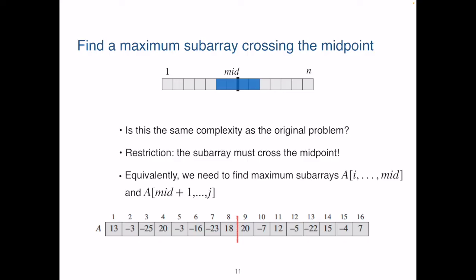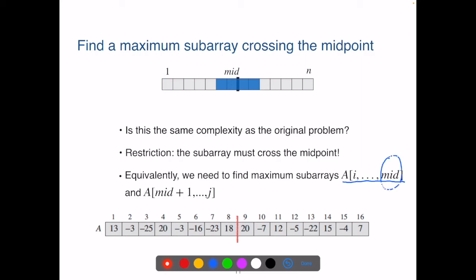So this maximum subarray must be comprised of 2 subarrays, where the first portion is a maximum subarray that ends with element A[middle], and the second portion is another maximum subarray that starts with A[middle+1].